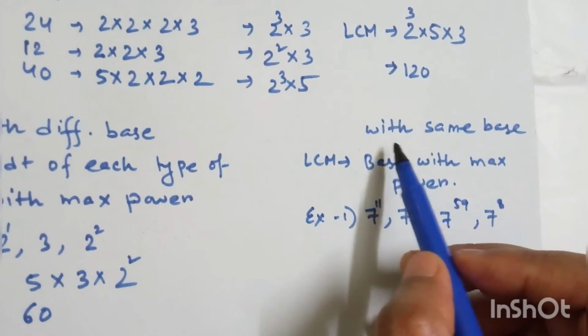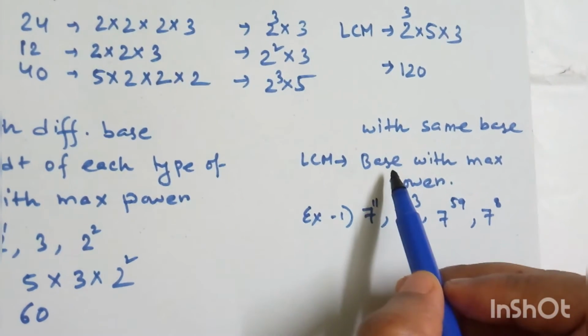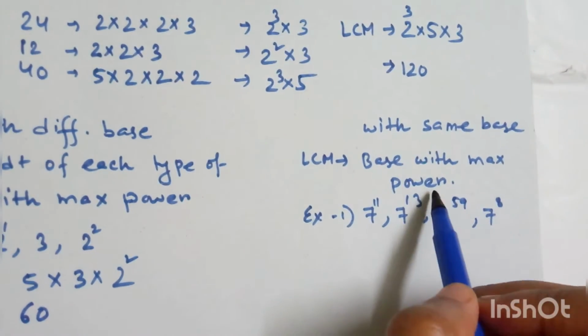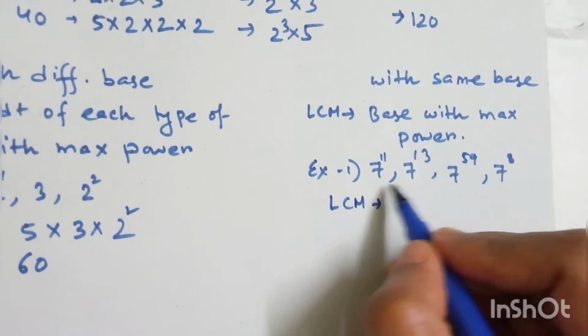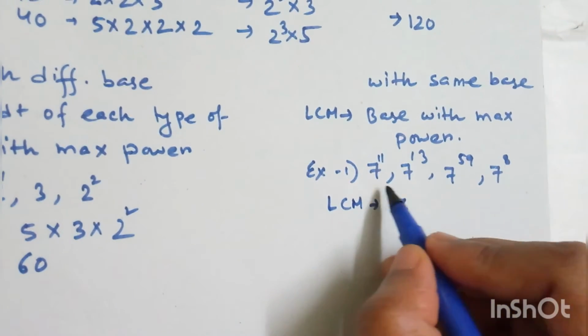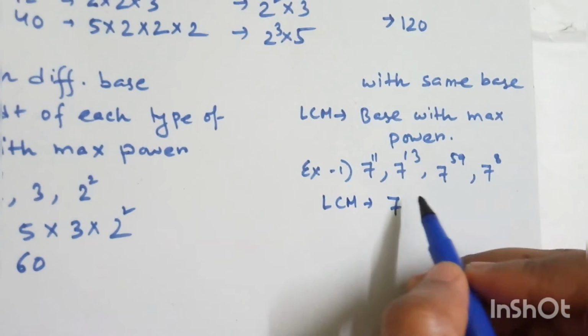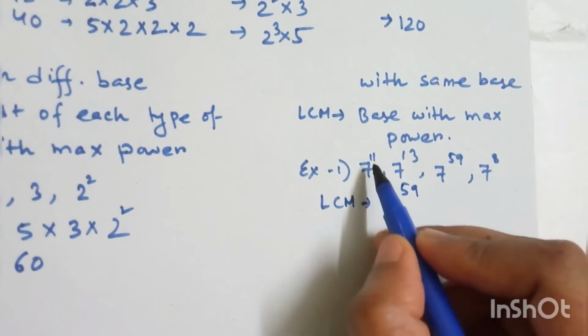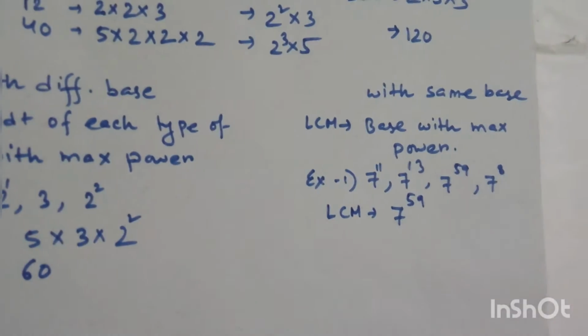When the numbers are of the same base, the LCM will be the base with maximum power. See, the base is 7, it is same here, but the maximum power is 59. We all know 59 is greater than the other number, so this is the LCM.